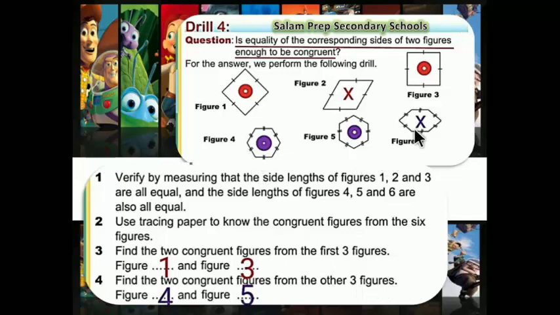The other three figures means figure 4, figure 5, figure 6. Which two figures are congruent? Excellent. Figure 4 and figure 5. This is hexagon. This is hexagon. Have the same side length.